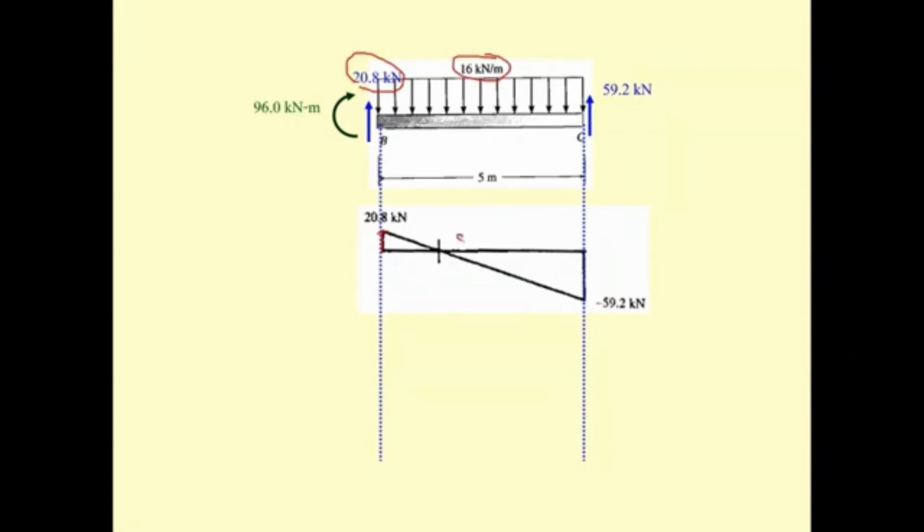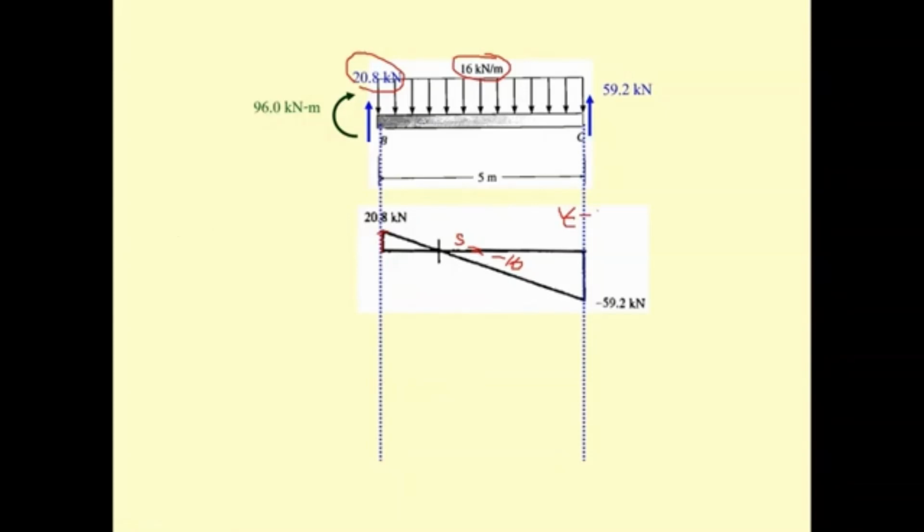So dv by dx, which is the slope, is going to be minus 16. Okay, and then this is going to be moved downward like this, and then the shear here, you may not believe it, V sub c is here. V sub c is equal to V sub c minus, it takes minus of what? Minus of 20.8.